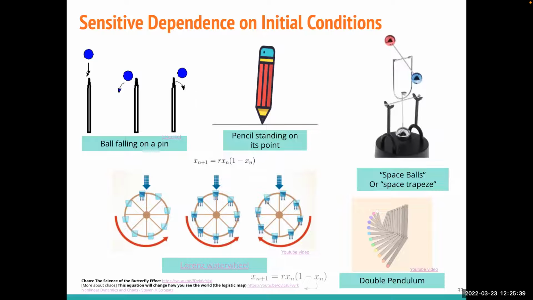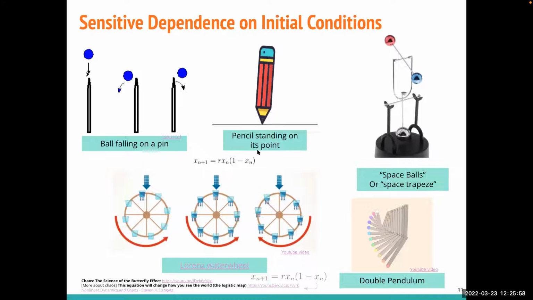You just put it above the pin, but you cannot predict the motion, because a little bit of difference when you release the ball, and you cannot predict the movement.